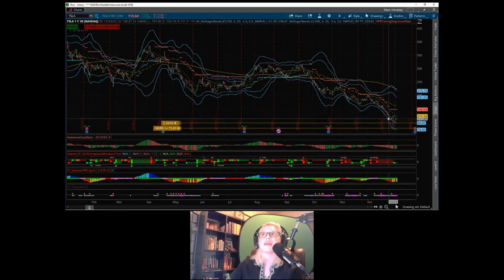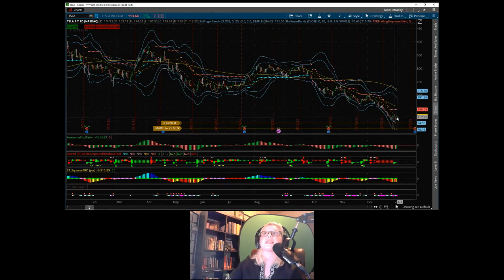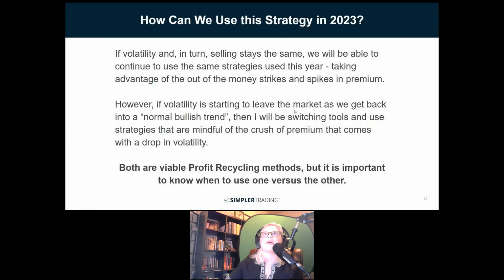It was a very volatile move, almost feels like a straight down move. It never went back to resistance until recently. And so it's not just with the market that you're finding these volatile situations occur. We're finding them across individual symbols as well.